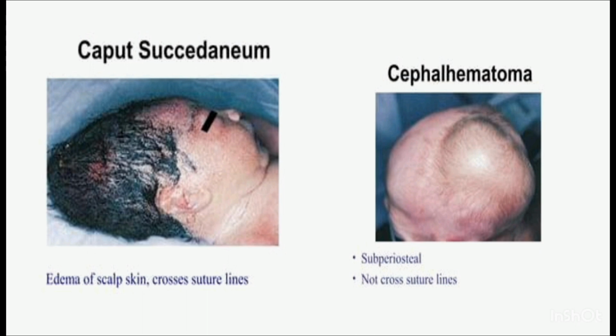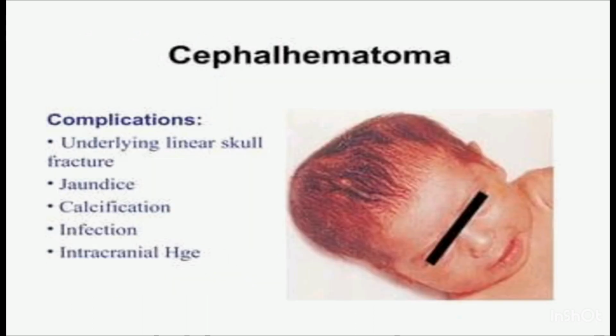Cephalohematoma is an accumulation of blood under the scalp, especially in the subperiosteal space. Complications of cephalohematoma include underlying linear skull fracture, jaundice, calcification, infection, and intracranial hemorrhage.